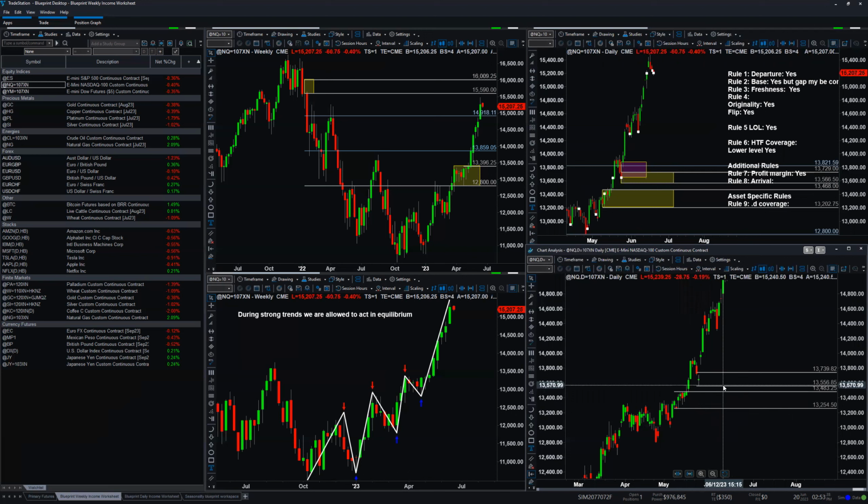So see how much coverage I have. The upper level is only covered up until from 13,650. So being at 13.8 or 13.7 really doesn't make sense. However, my lower level is fully covered, beautifully covered, and it's anyways a level on top of level. So in this case, that is the level that I want to focus on.